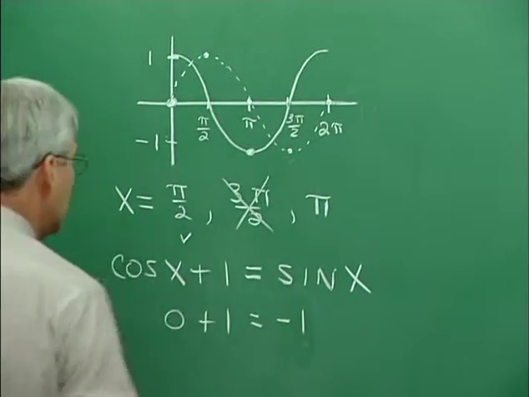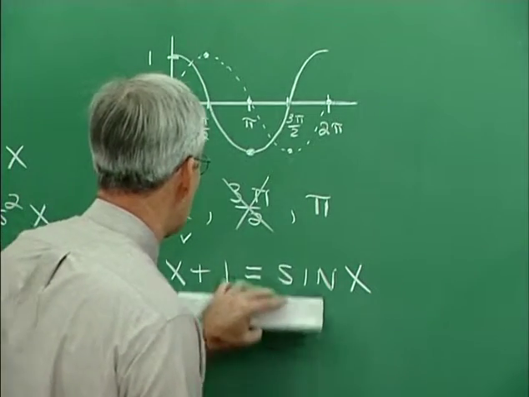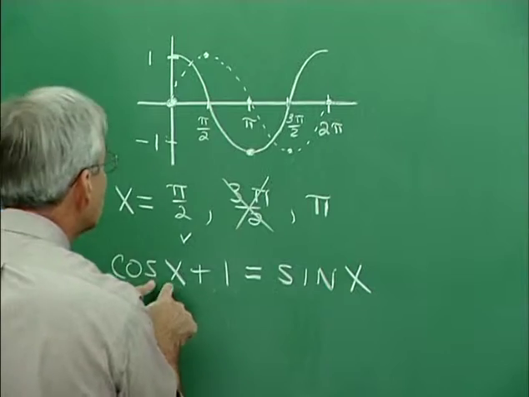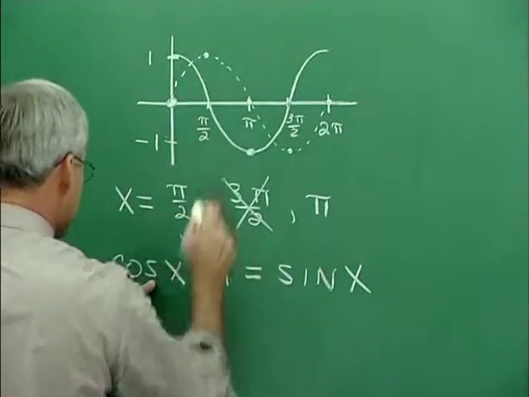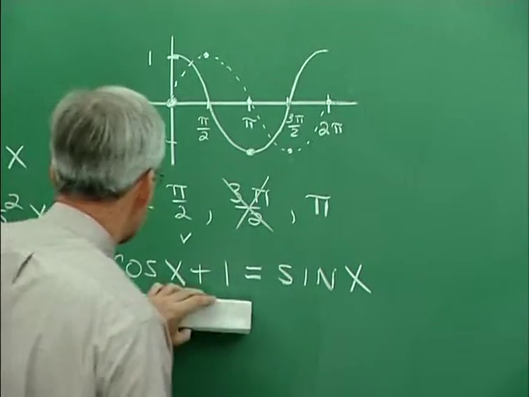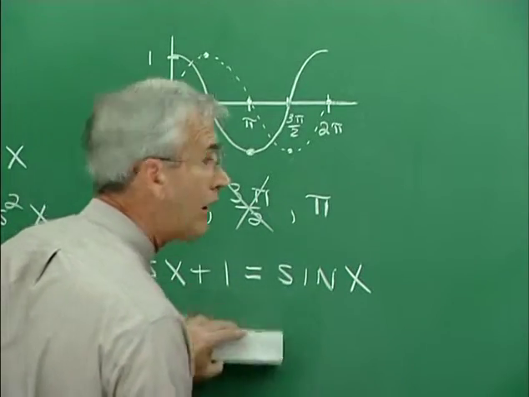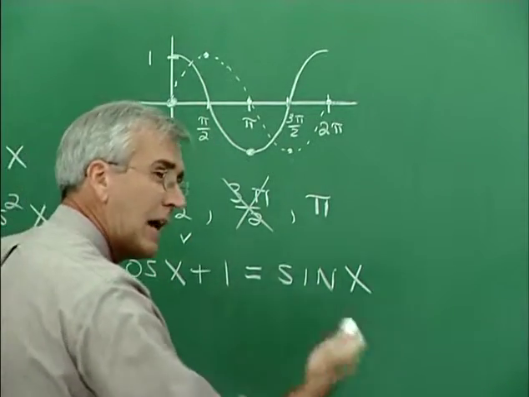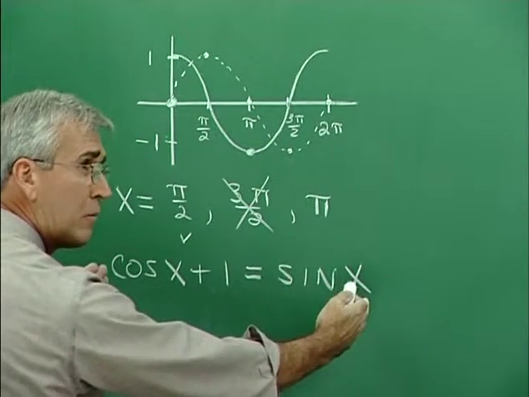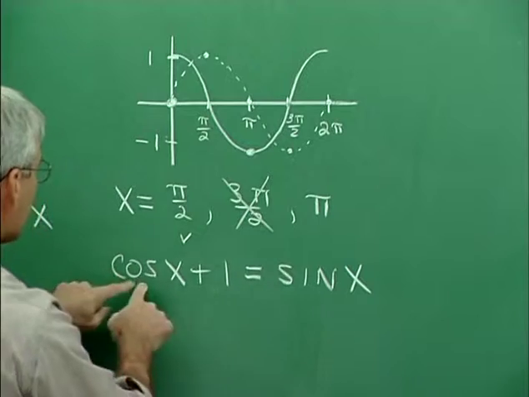Now what about pi? Well, let's look at it. Cosine of pi, it's 0. Oh, excuse me, it is not 0 for cosine. I'm reading the wrong graph. So the idea is to be very careful in the evaluation process here. It's easy to make a mistake.